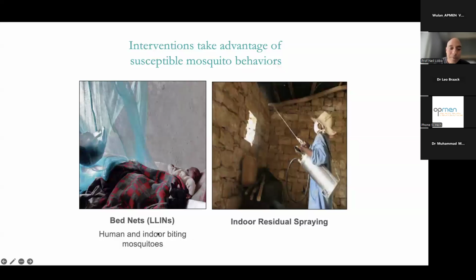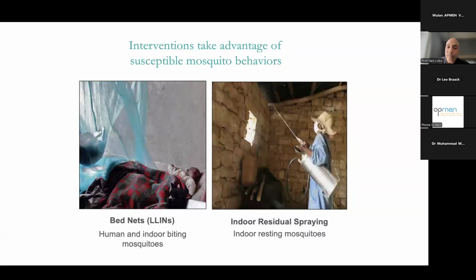So you have to overlap with how the intervention functions, of course. Bed nets work on human and indoor biting mosquitoes, and IRS, or indoor residual spraying, works on indoor resting mosquitoes. If your mosquitoes do not rest on your sprayed surfaces, they will not be affected by IRS, right? That totally makes sense, right?